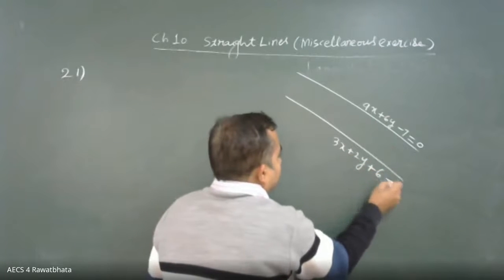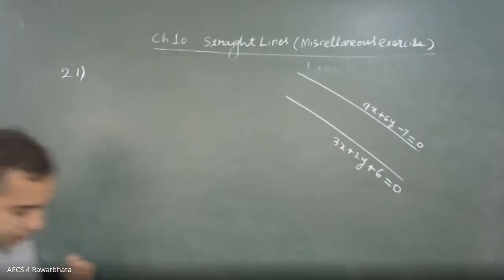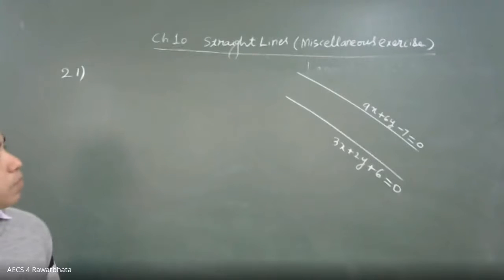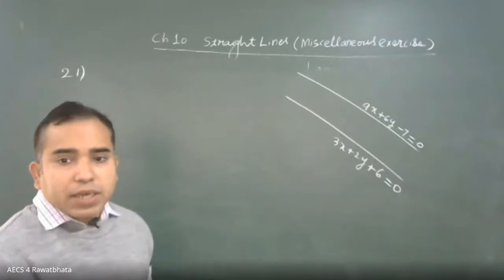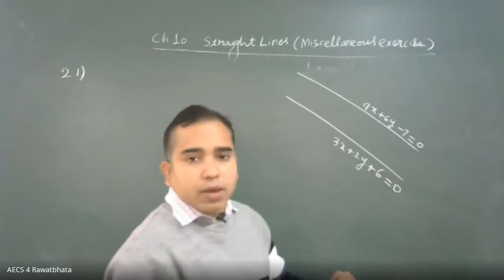Check on the board that I have written correct. Okay, now you read the question again. Okay, so we have to find the equation of a line which is always equidistant from these two parallel lines, right?